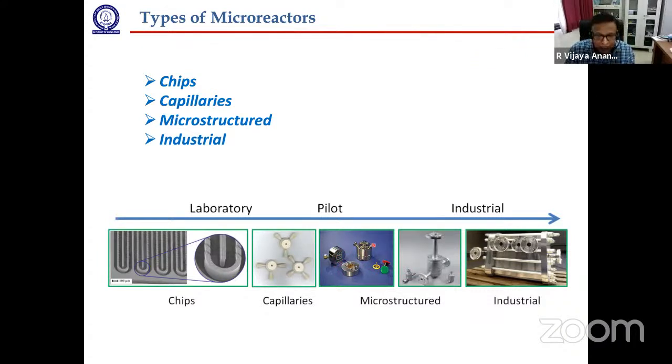You have inlets and outlets integrated, and then you can simply do pilot scale reactions. This is another example of a microstructured microreactor at industrial scale. Here the diameter of the microchannel is larger compared to the lab one, so it is not as efficient as the lab or chip-based microreactor, but it is definitely better compared to the batch process.